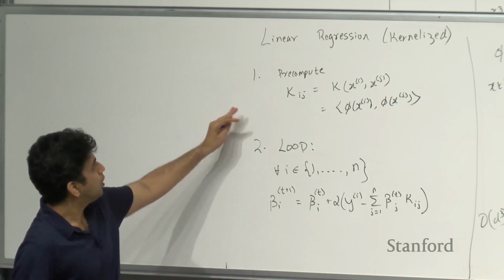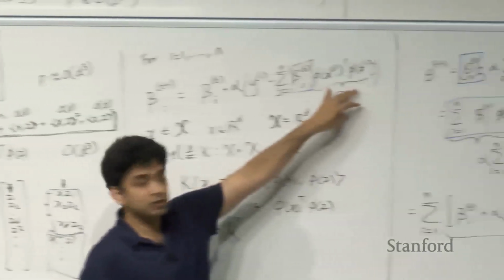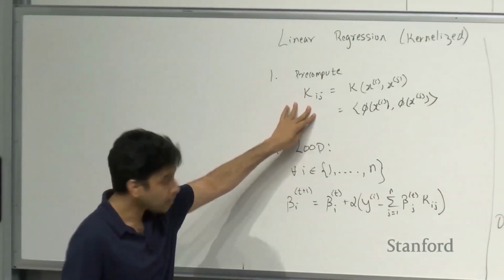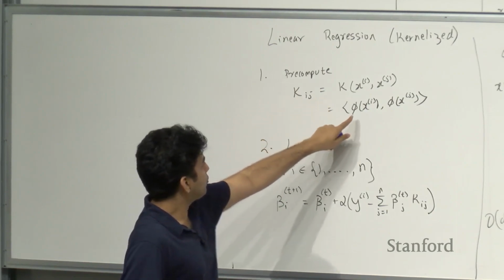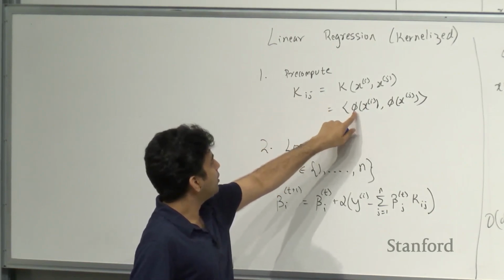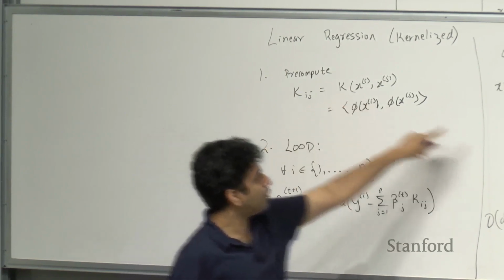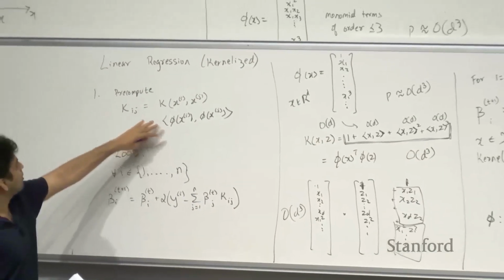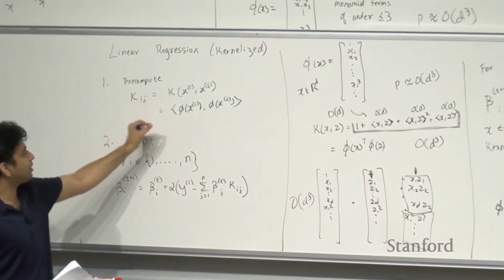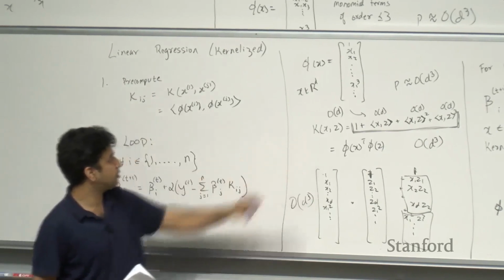So pre-compute all the n squared possible inner products and construct what is called a kernel matrix. Even though phis might live in something like 1 billion dimensional vectors, by using the corresponding kernel form for that feature vector, we can compute each element effectively in just order d instead of order d cubed for this kind of feature map.